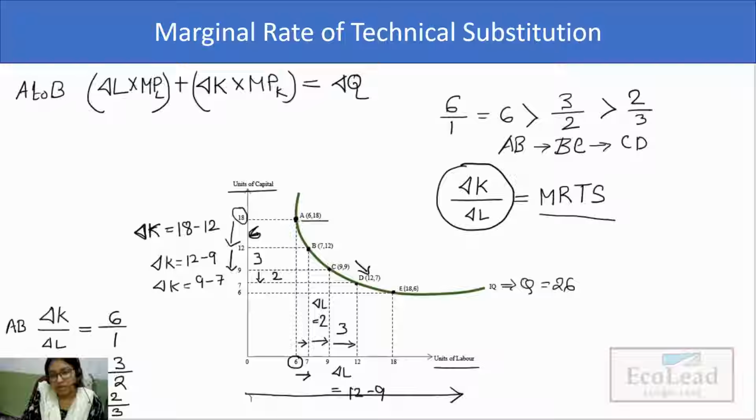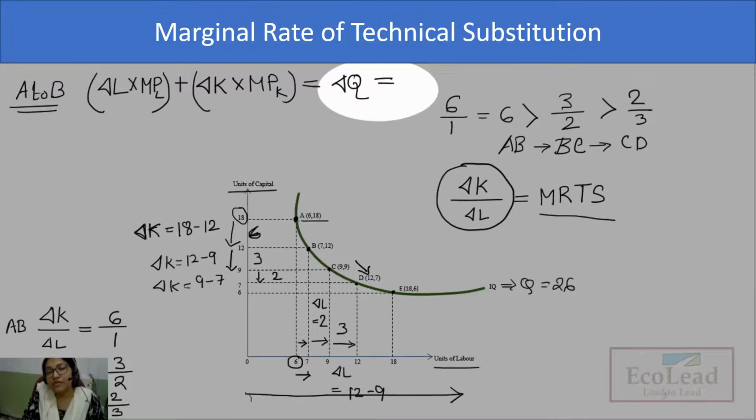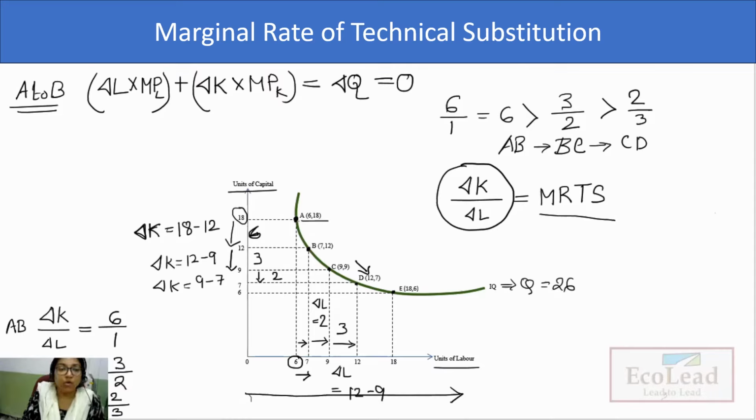If we consider that both A and B are on the same isoquant curve, then del Q will be equal to 0, which means del L multiplied by MPL plus del K multiplied by MPK is equal to 0, because we are on the same isoquant curve that is producing 26 units.